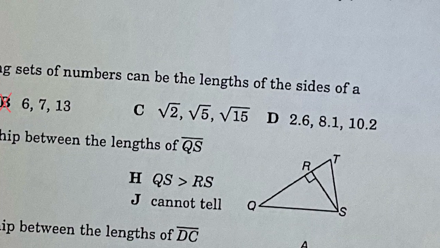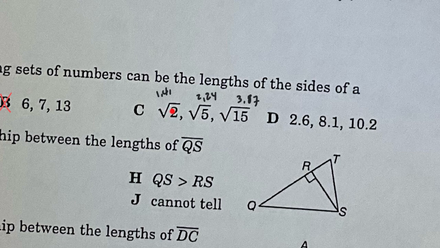If you were to do this in the calculator, radical 2 is approximately 1.41, radical 5 is approximately 2.24, and radical 15 is approximately 3.87. So I will investigate radical 2 first.